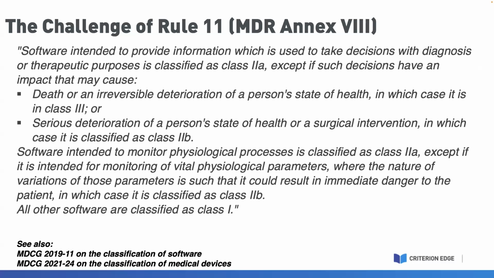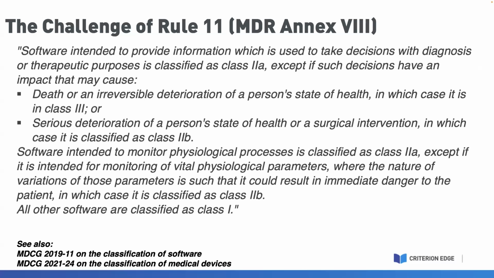There's no reason to have diagnosis and treatment grouped together, because all of the other rules group those two things separately. Diagnosis and treatment are two very different intended purposes. So by default, that Rule 11 is going to push everything up to having a higher risk class because it's implying that it's directly impacting the treatment. And that's really the challenge.